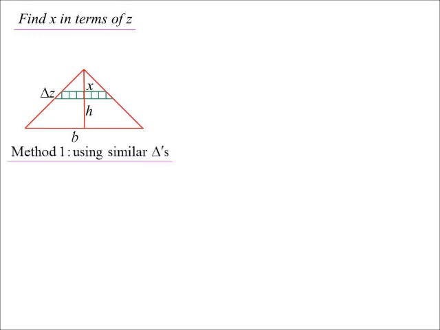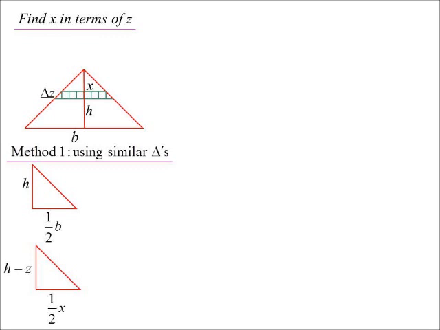I could use similar triangles. Some people like to do it this way. I go, all right, I've got similar triangles. I certainly know that the big triangle, which has got height h, has base, will it be half b on that one. And then if I have a look at the top triangle, the height would be h minus whatever the z value is. And then the base would be a half x.